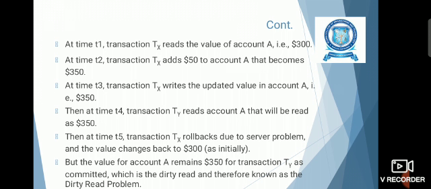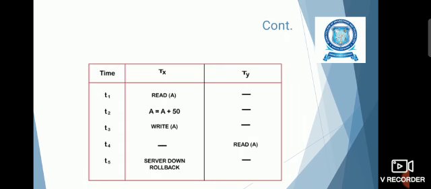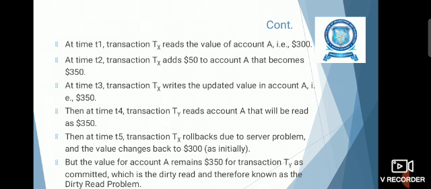Initially we assume the value of A is 300, and after adding 50 it becomes 350, but due to the rollback operation it changes back to its original value, 300. But the value of account A remains 350 for the transaction Ty.